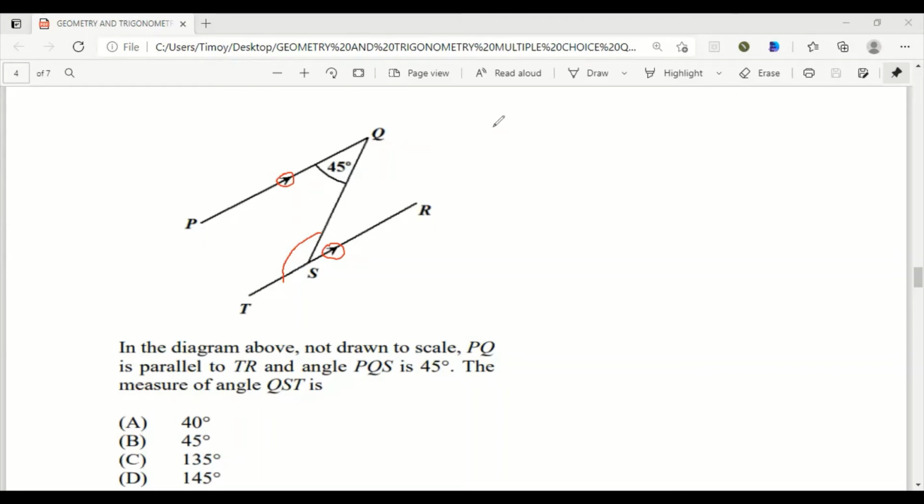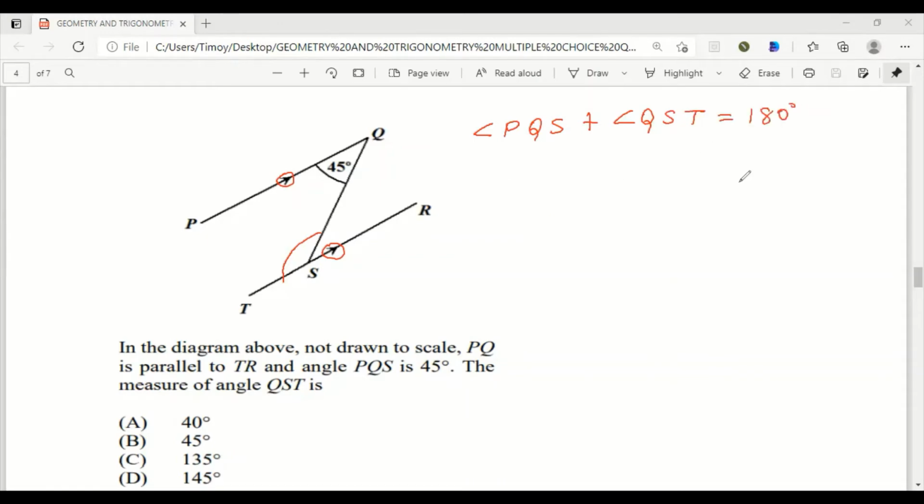So what we can say here is that angle PQS plus angle QST is equal to 180 degrees.